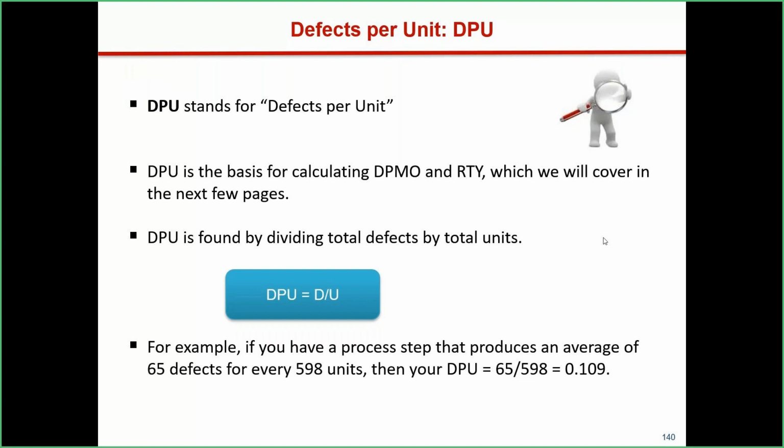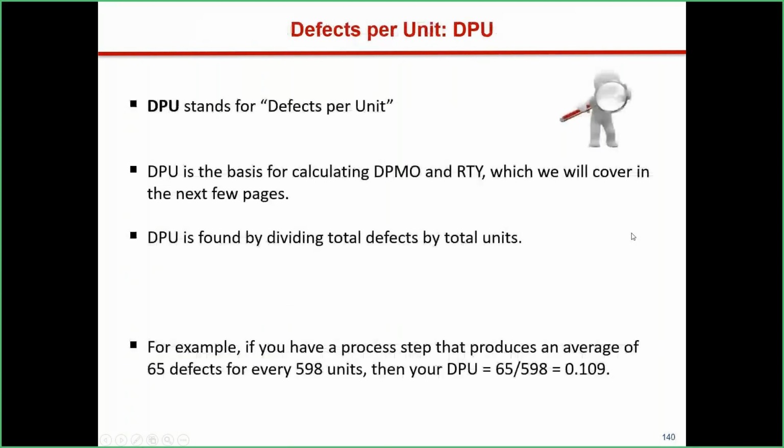So for example, when I say defect per unit, if I'm a manufacturer of pens, a pen can have four different defects. It can happen that the cap is scratched or broken, there is some different color on the body of the pen, the nib is broken, or the ink is spilling out.